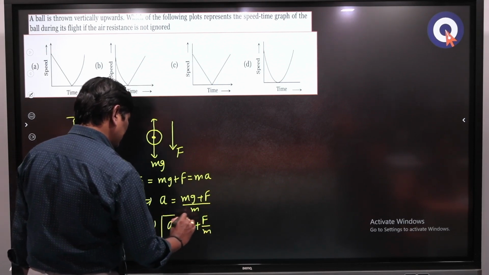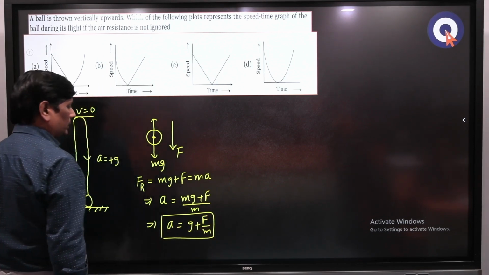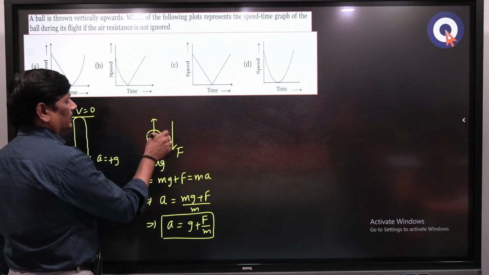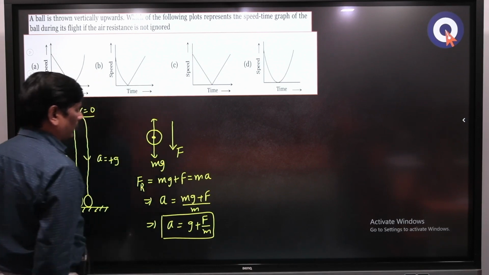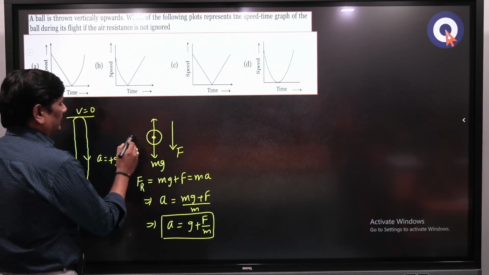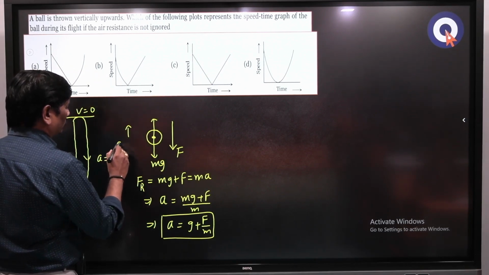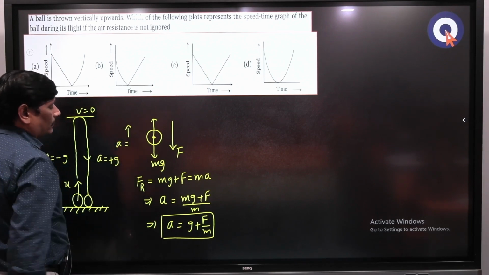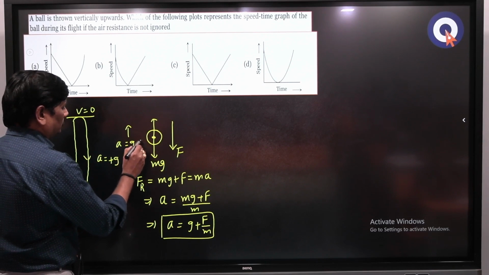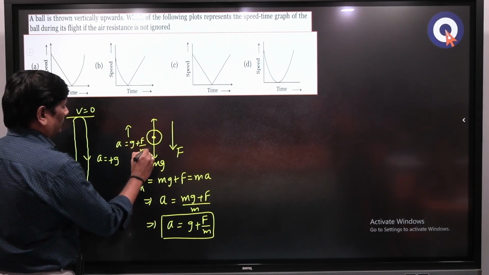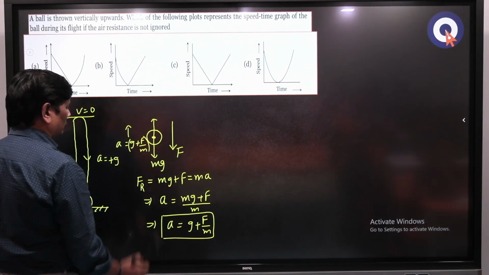So, this is the acceleration of the body when the body is going upwards against air resistance, and also against gravity. So, with air resistance, what do we have to write for a? Not g, but g plus F divided by m. Clear?